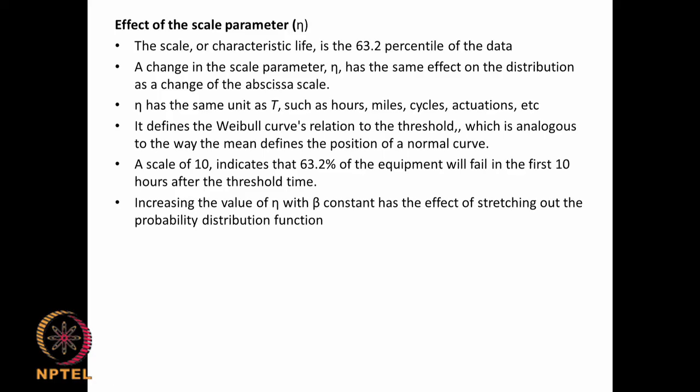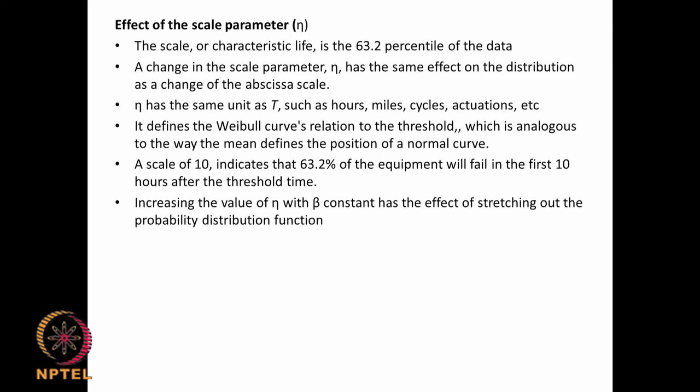So, a scale of 10 indicates that 63.2% of the equipment will fail in the first 10 hours after the threshold time. Okay. So, when I say eta is equal to 10, it is extremely useful because we can say 63.2% of the equipment will fail in the first 10 hours after the threshold time.